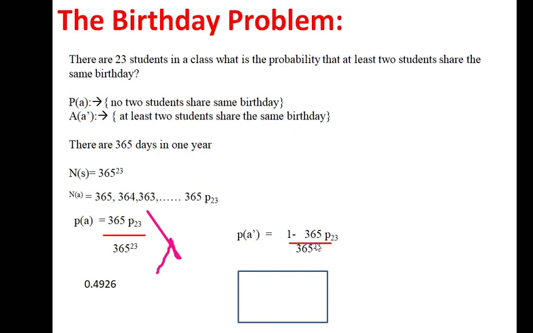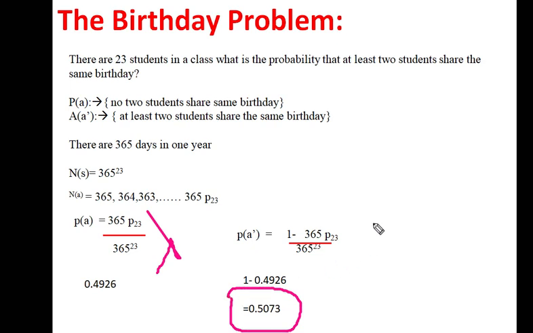So 1 minus 365 P 23 over 365 to the power 23. So we will get the result as 0.50. So this is our probability for 23 students. In 23 students, at least two students share the same birthday, and there is about a 50% chance of it occurring.